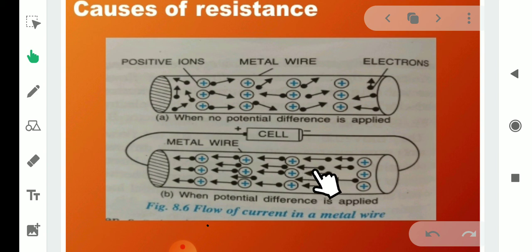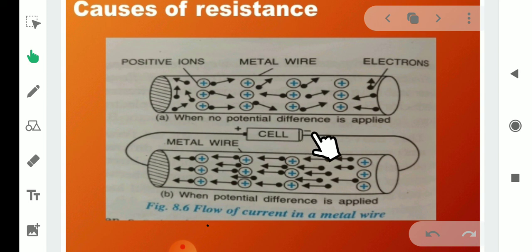The electrons move from the negative terminal of the battery towards the positive terminal, but conventionally electric current flows from higher potential towards lower potential, that is, from positive to negative.